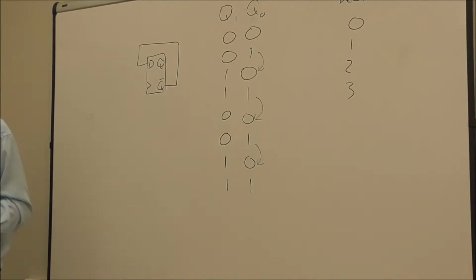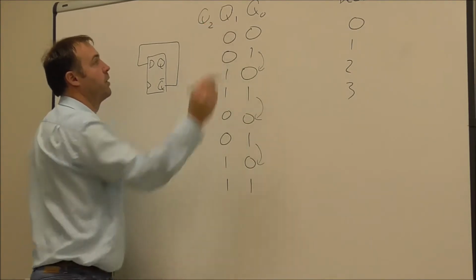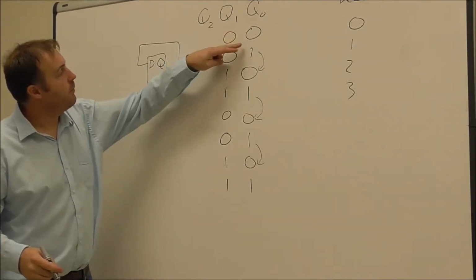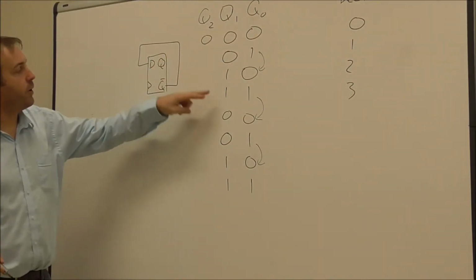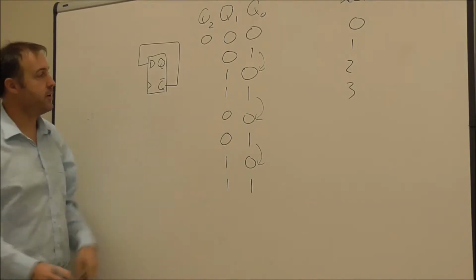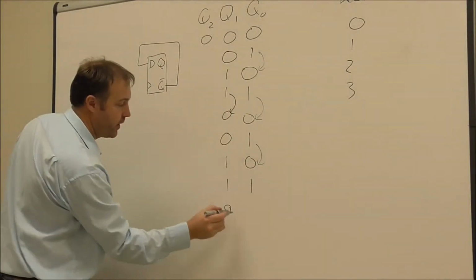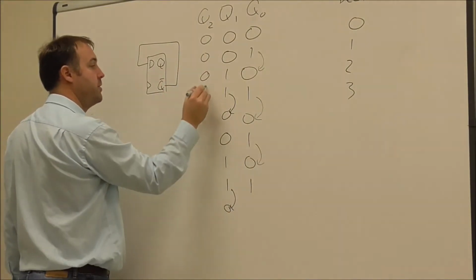And if I were to do the same thing again, add a third one, call it Q2, then let's start at 0, then it's only going to clock when this one goes from 1 to 0. So that's going to be this one, and then the next one after this will be that one there. Okay, so we get 0, 0, 0, 0.